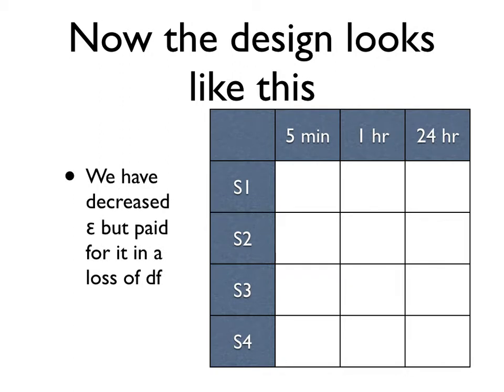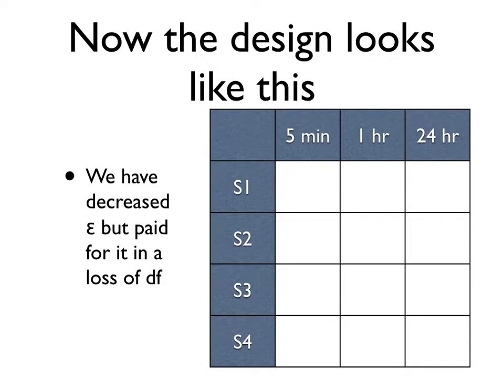So we've decreased epsilon, but we've paid for it. What do you mean we've decreased epsilon? Well, think about this. We had our original model. The original model for one-way analysis of variance is this: x equals mu plus tau plus epsilon.